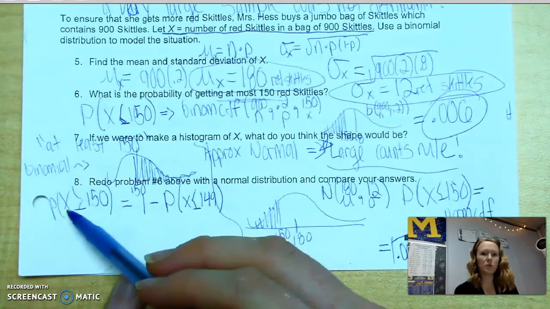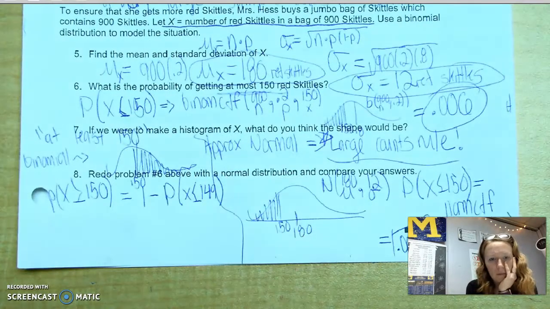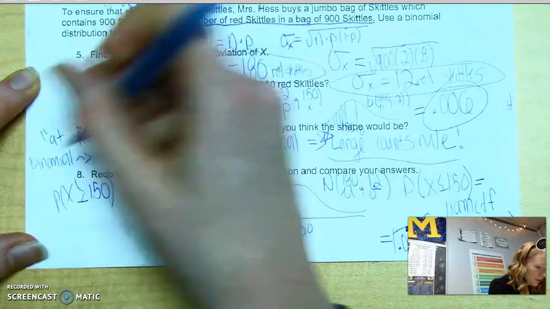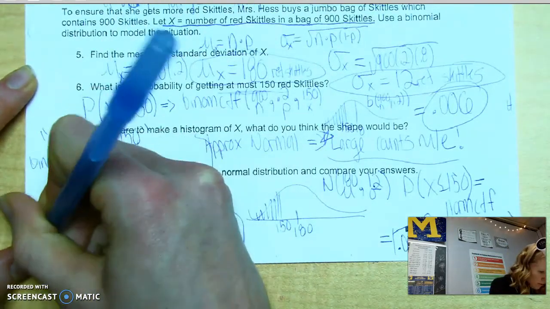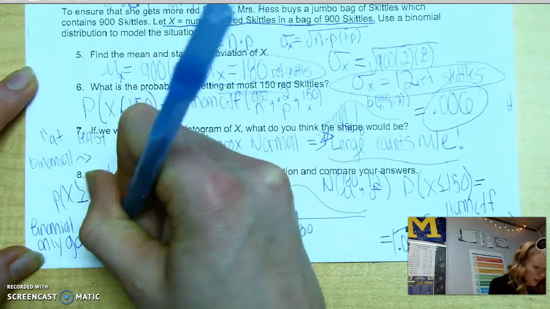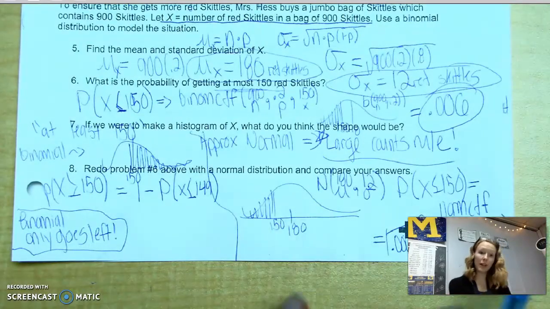If I want to be at least 150, I could just take away 149 and below, right? The reason I have to do this is binomial only goes to the left. It's not like your normal distribution where you can choose your boundaries differently, okay?